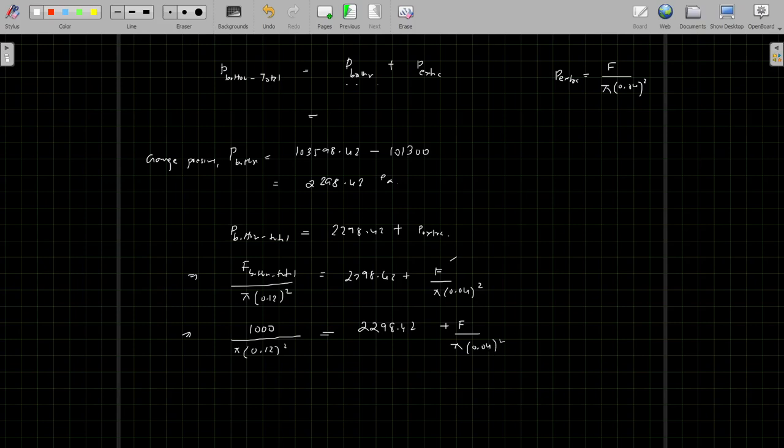So if I solve this, let's see how much I get. I'm using calculator. Please don't use a calculator in your exam. This is not allowed in Central Board of Secondary Education.